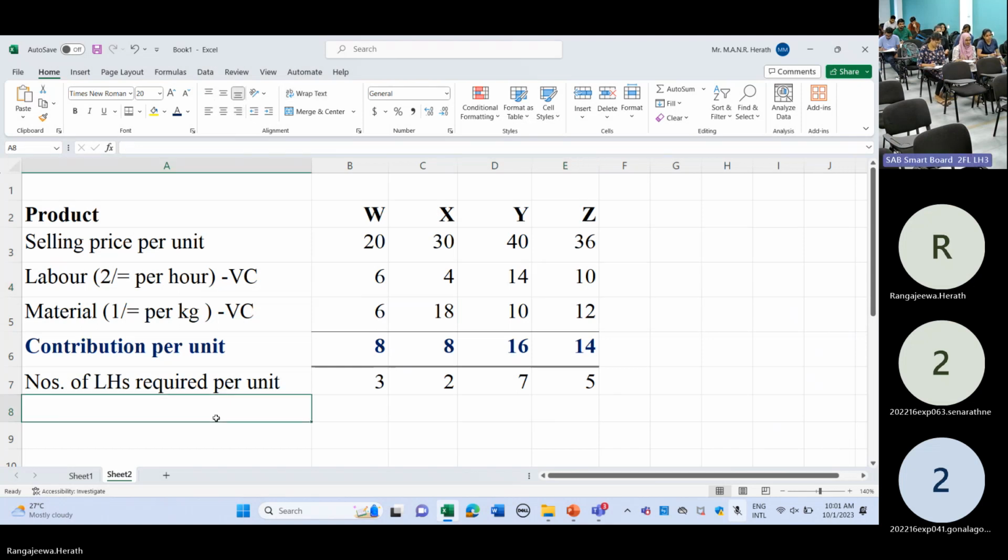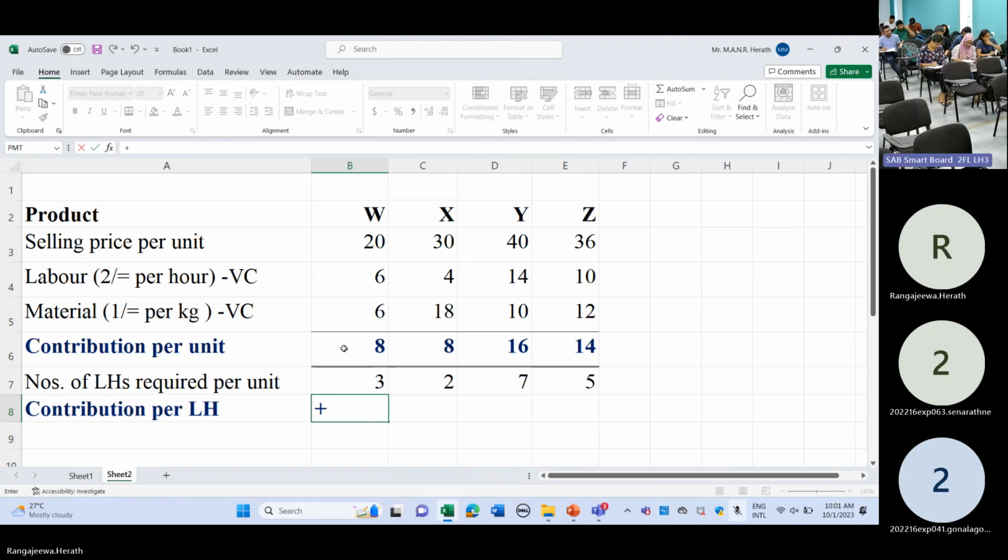Then we can find contribution per labor hour. How to find it? You can divide this contribution by the labor hours.